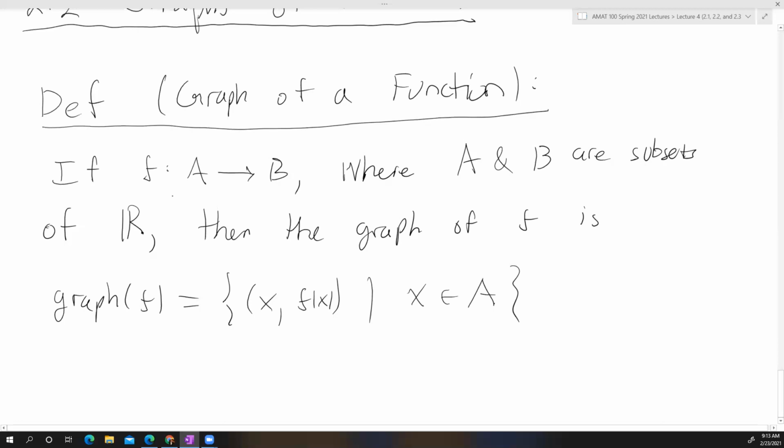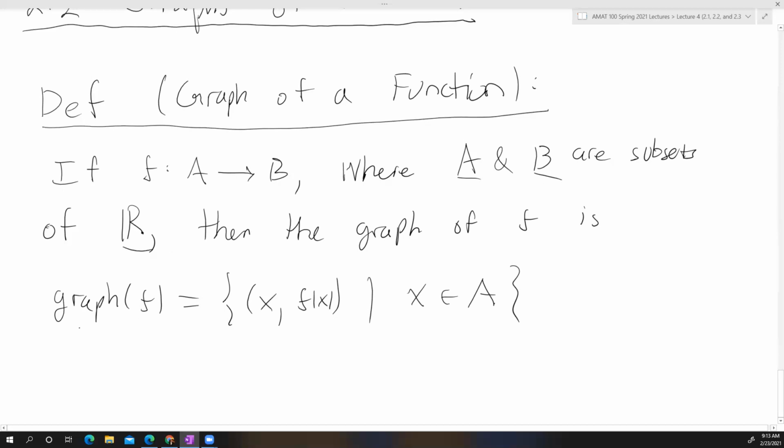So if f is a function from A to B, it takes elements in A and sends them to elements in B by some rule. It's not specified what that rule is, but there is a rule associated to f. And A and B are subsets of the real line.